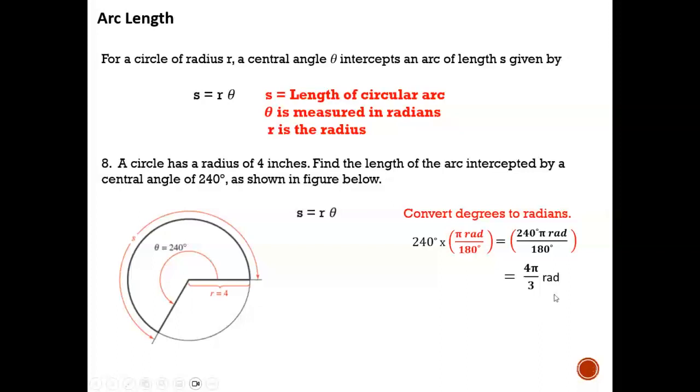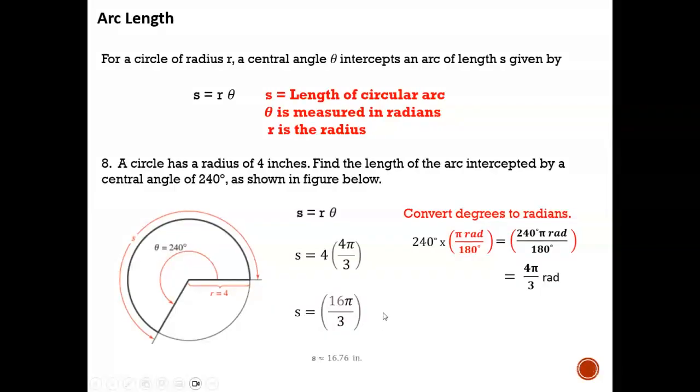So now I have the angle value that I need in radian mode, so I can go ahead and plug it into my formula here. S, my arc length, is going to be r, my radius, which is 4, times theta, which is now 4 pi over 3. Again, use the radian value. Multiply all that. 4 times 4 is 16, 16 pi over 3.